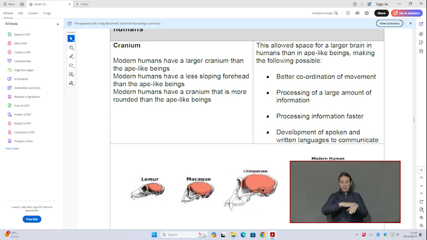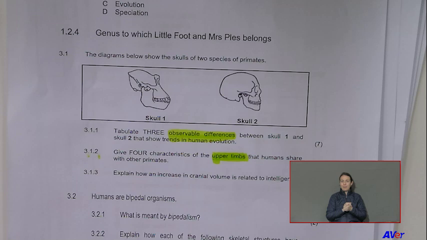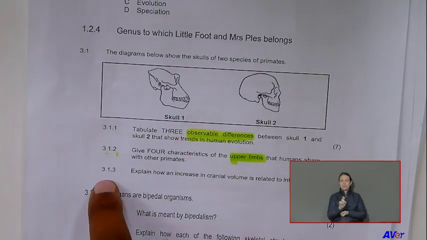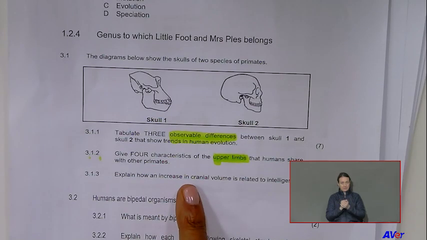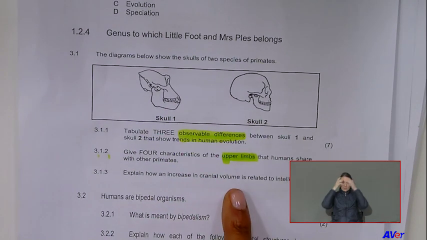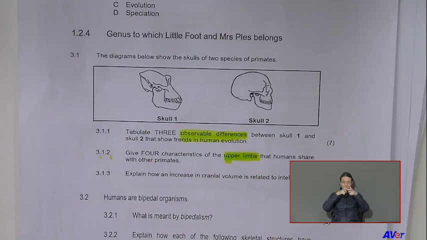Then the last one, the development of spoken and written language. Which takes us to question 3.1.3. If you look at question 3.1.3, it says you must explain how an increase in cranial volume is related to intelligence.